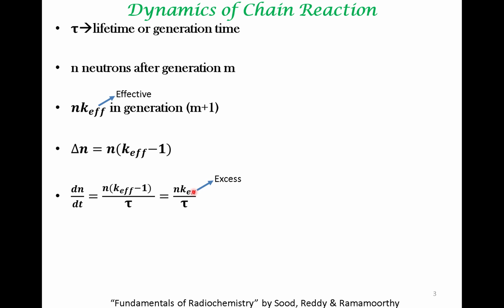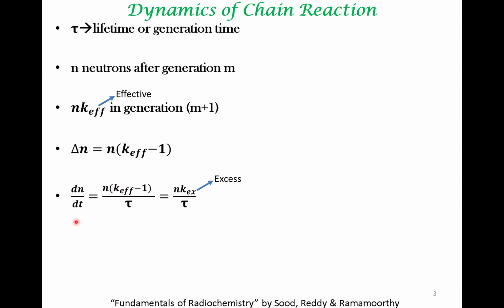But all of this is not utilized only for fission. Some of this gets dissipated in some other manner. So K excess is indicative of how many more neutrons you have beyond what is being used. One is being used, and this is the amount you have more than what is being used. So that's why we have this terminology. This is the effective multiplication constant. This is the excess multiplication constant.